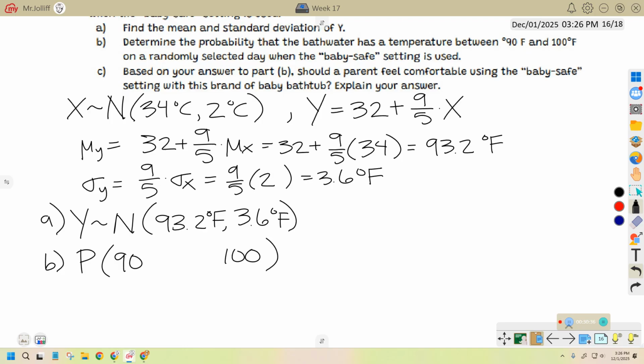Which random variable am I finding the probability for, X or Y? Thumbs up if it's X, thumbs down if it's Y. Show me your thumbs. X or Y? And I see some of both. Jaden, you've got a thumbs down. I agree. Why? How do you know?